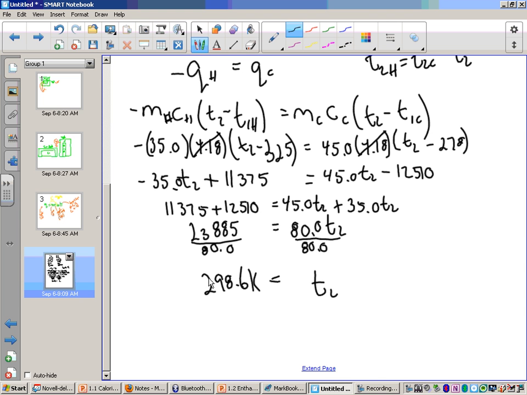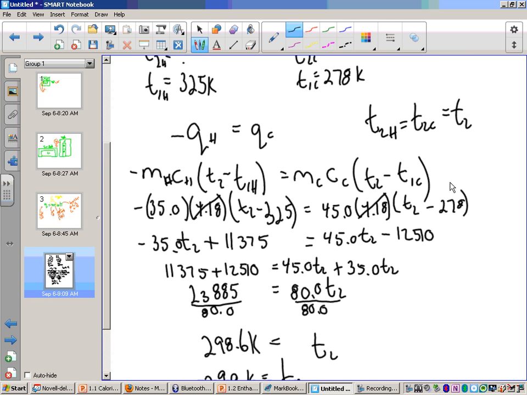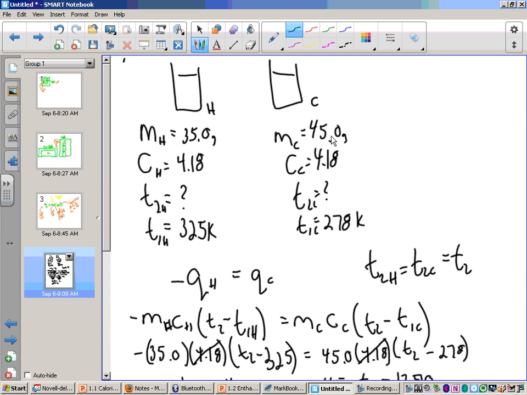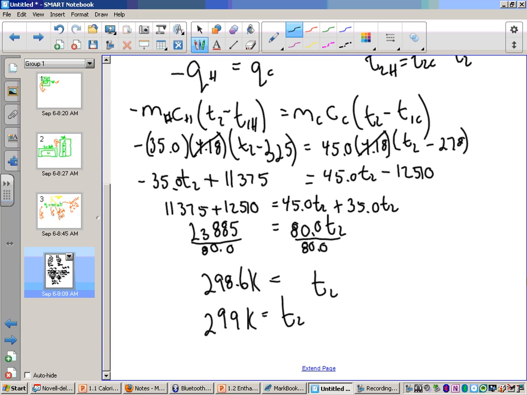And we've been dealing with 3 significant digits, so we need to round that. 299 Kelvin equals T2. And obviously it is at some intermediate temperature, and it's probably going to be a little closer to the cool one because we had a little more cool than warm.